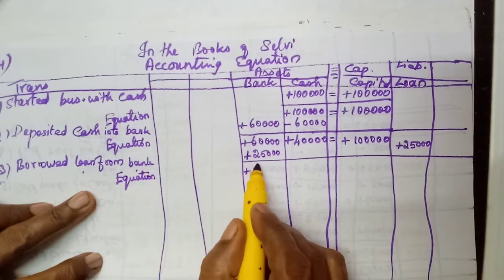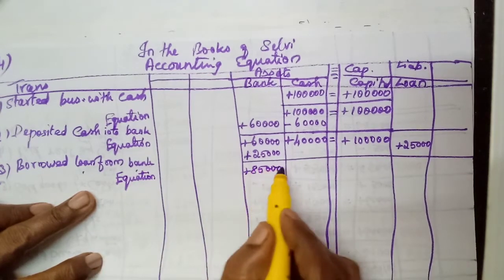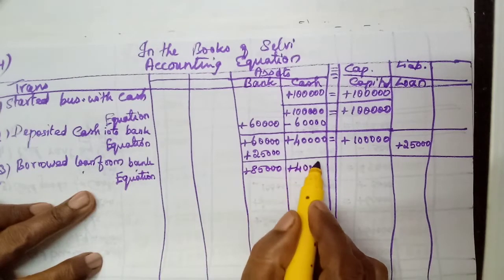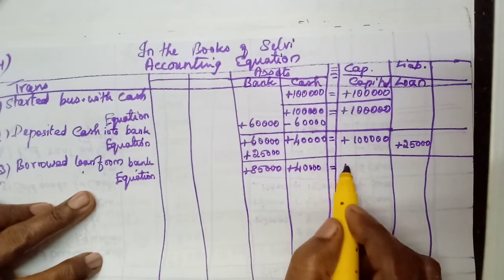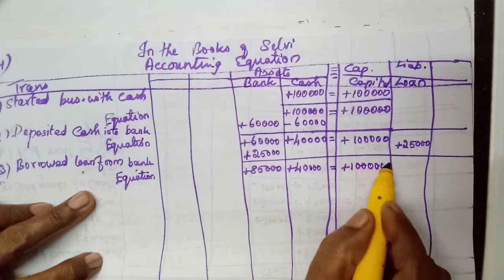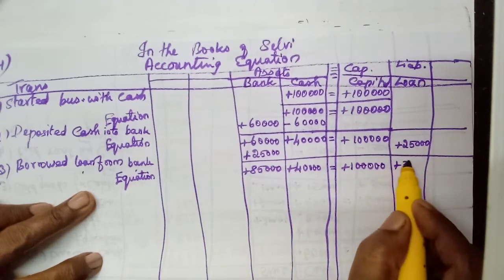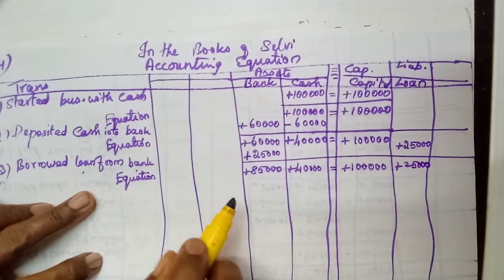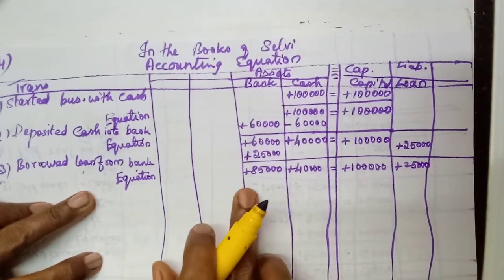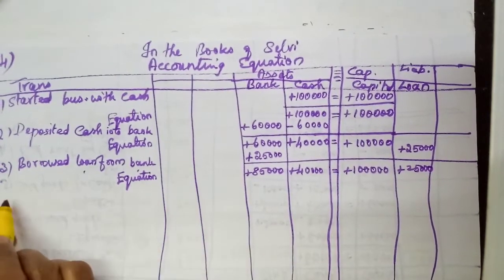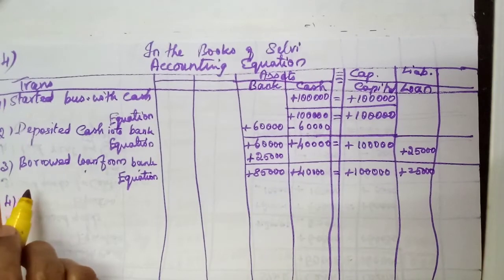How much will we get? 85,000. Here 40,000. All the transactions we have to write. Here 1 lakh. Here 25,000. Now here 1 lakh 25. Here also 1 lakh 25.